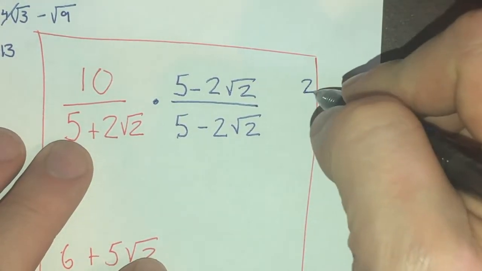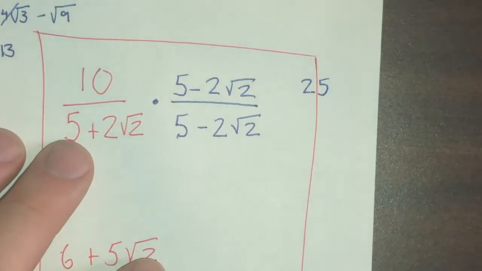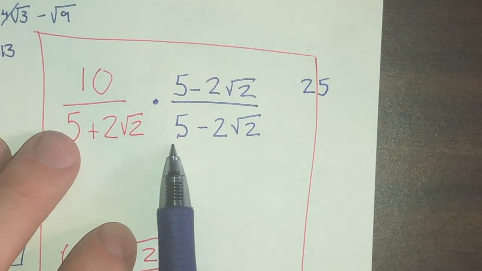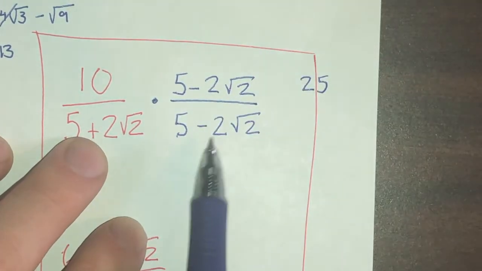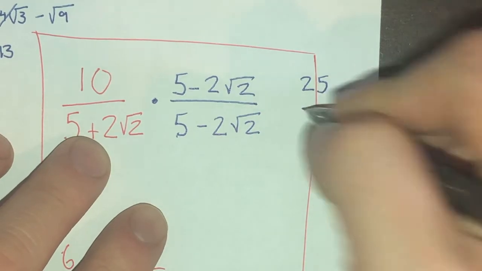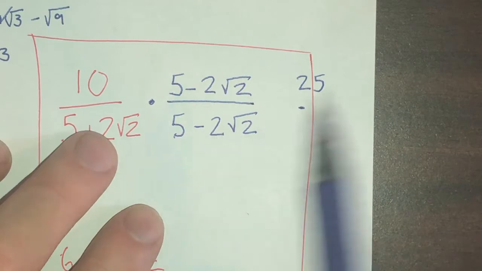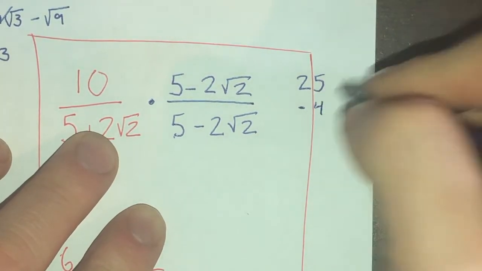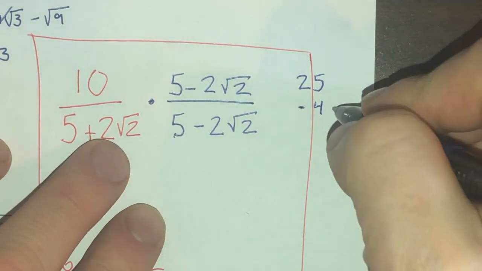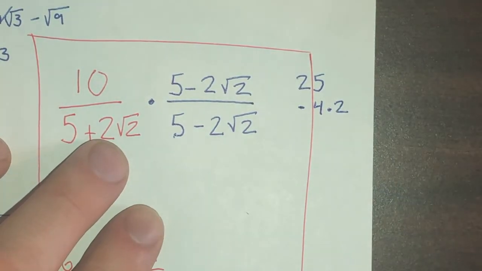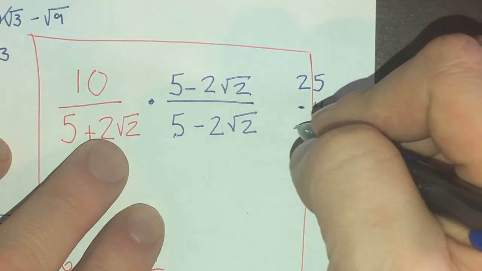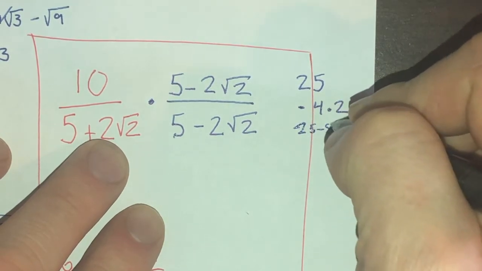So, 5 times 5, that's 25. We only have to worry about the 5 squared and then this squared. So, I'm going to drop my minus because I know it's going to be negative. It's a positive and a negative. The 2 and the 2, 4. The root 2 and the root 2 becomes a 2. So it's 25 minus 8.